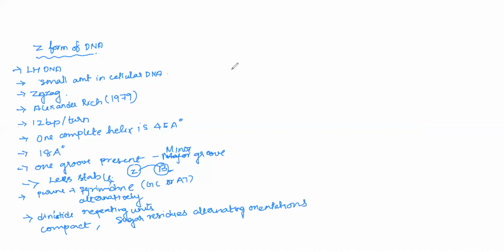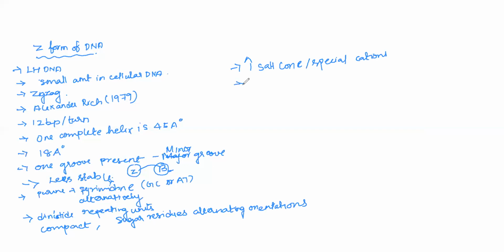It can be present in high salt concentration, or you can even say special cation. It explains the repulsion.